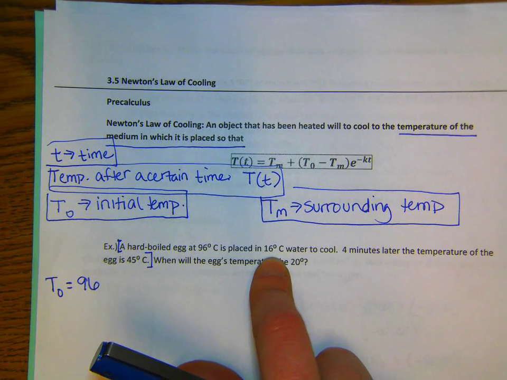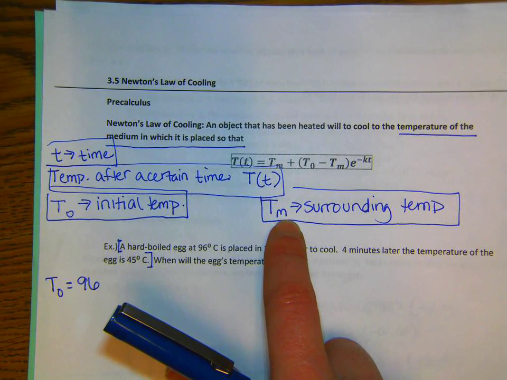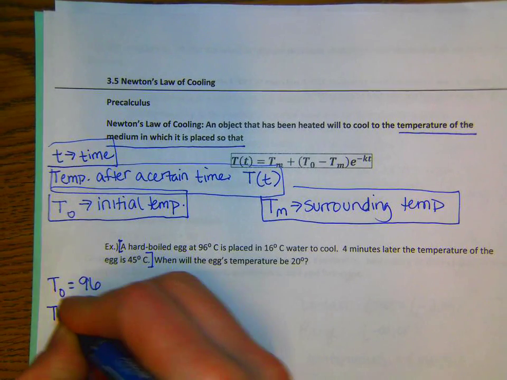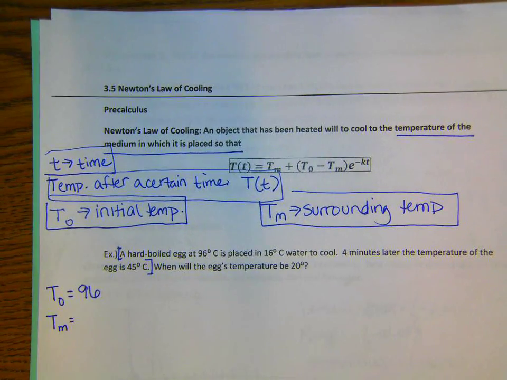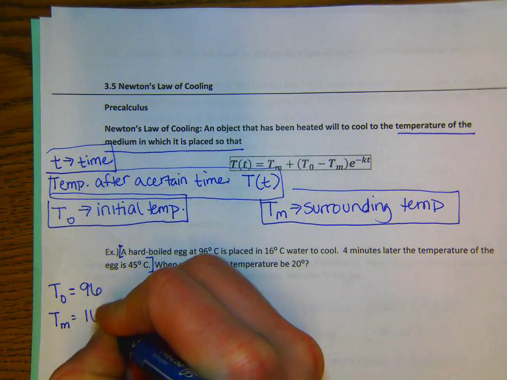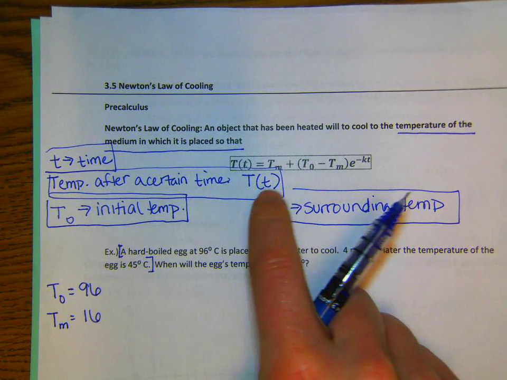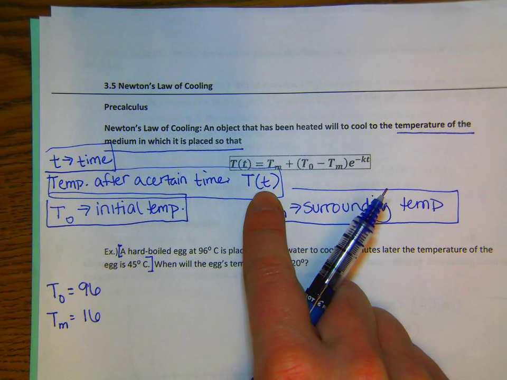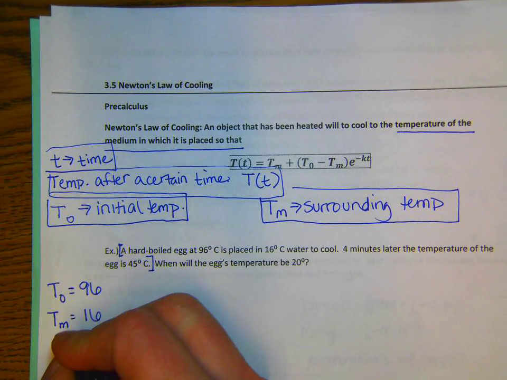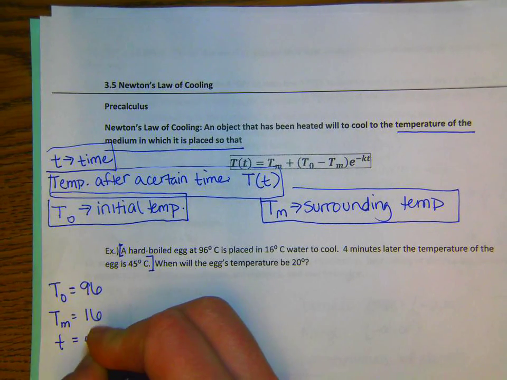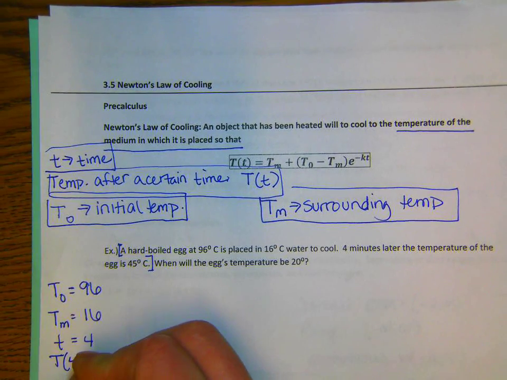That's what it's cooled in, right? So isn't that T sub m? Okay. Are you given a certain time? 4 minutes? And are you given the time after 4 minutes, or the temperature after 4 minutes?